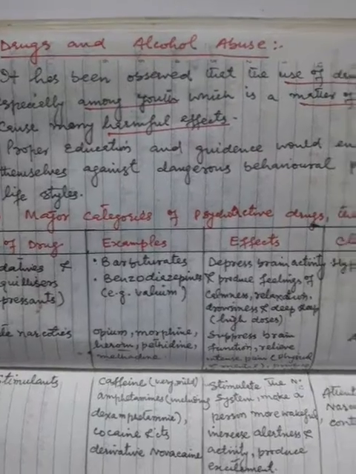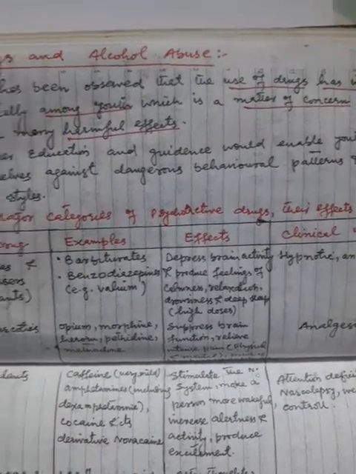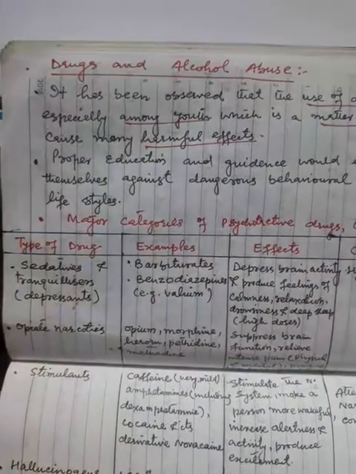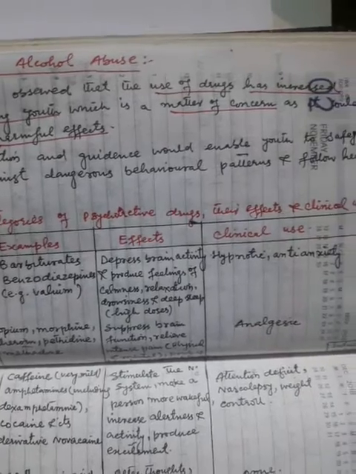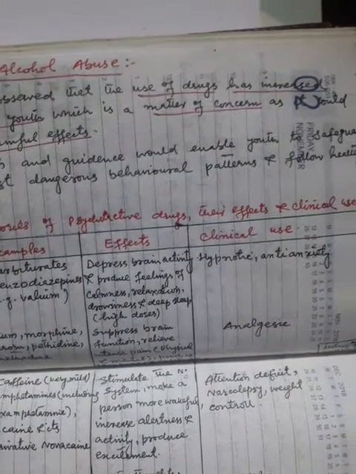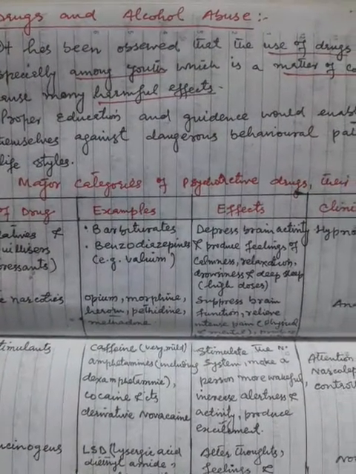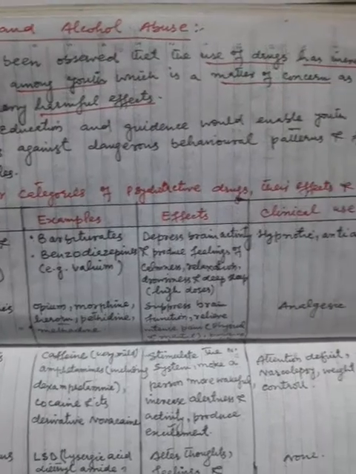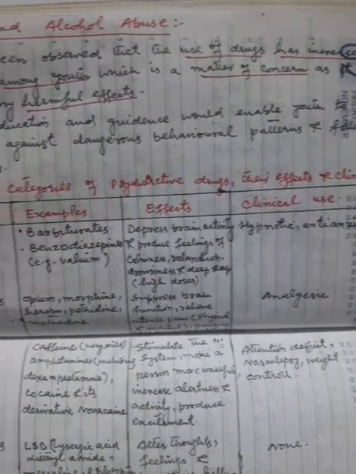Proper education and guidance would enable youth to safeguard themselves against dangerous behavioral patterns and follow healthy lifestyles. Major categories of psychoactive drugs, their effects, and clinical use are given below.